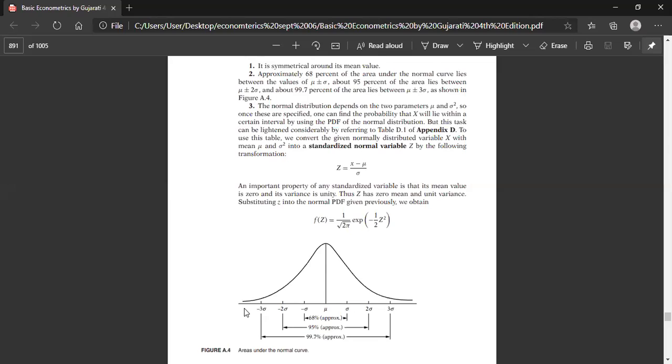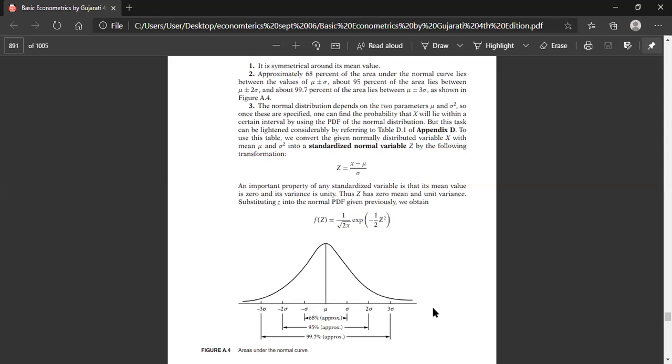Let's say it is the height of the people of Bangladesh. So what are they? Give me a number then. What are the values here? Minus 3 sigma, minus 2 sigma? What are you saying? 0, 1, 2, 3 or 10?